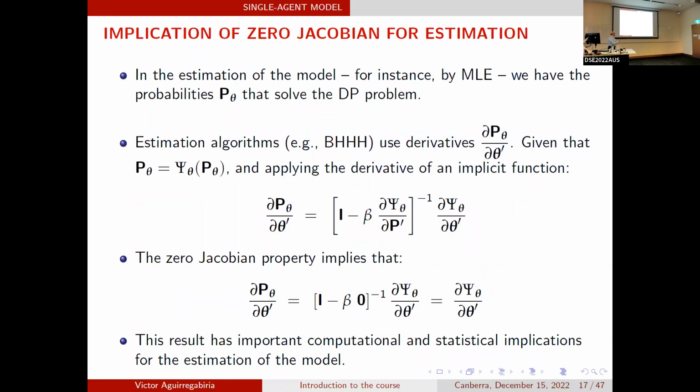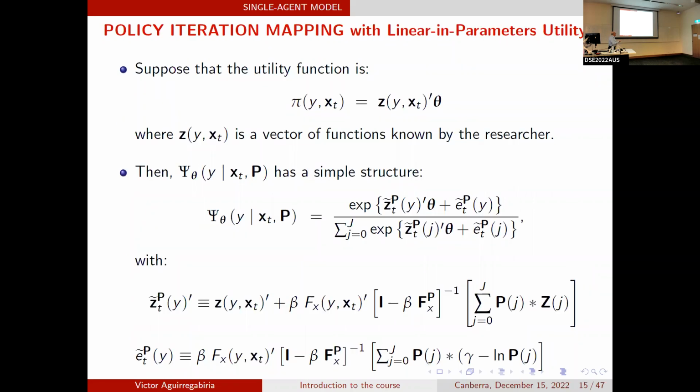And then we have the inverse of this inverse multiplying the derivative of psi with respect to theta. This is the very simple McFadden type of derivative, okay?